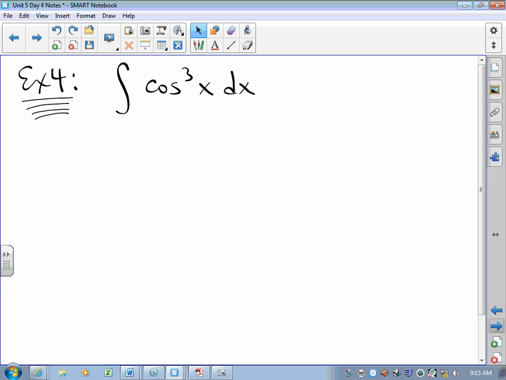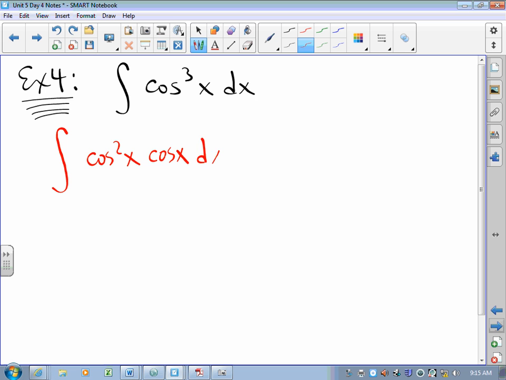So I really want this to be something like this, where that is your du. I'd really like for that to be the case. But to do that, I would need this part to be in terms of sine. Oh. Oh, the mothership.